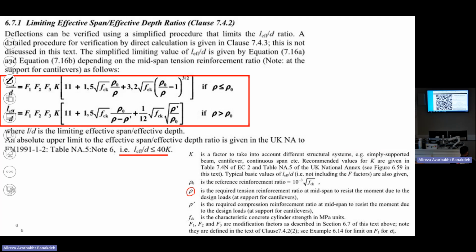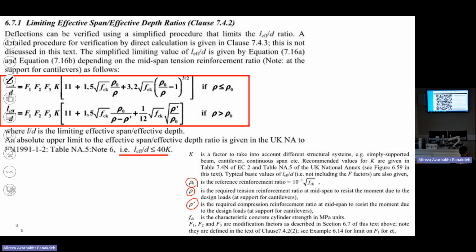All right? So only the tension reinforcement, no compression, because we have this one for compression. Rho always stands for the reinforcement ratio. It's dimensionless. It means that rho is As, the area of steel, over bH, the total area of your cross section, right? So what is rho 0?